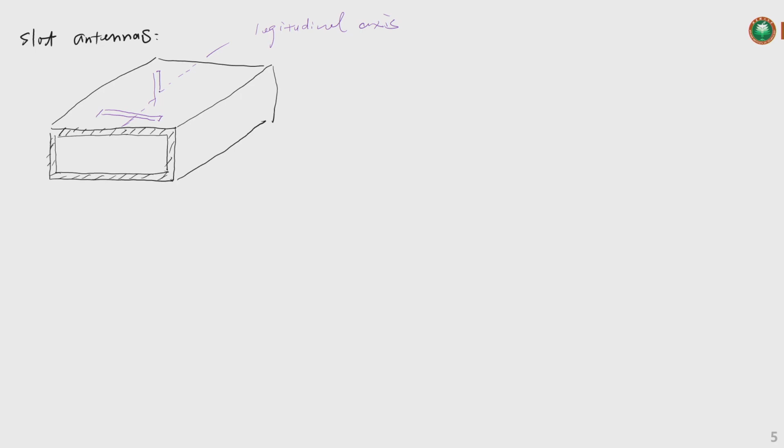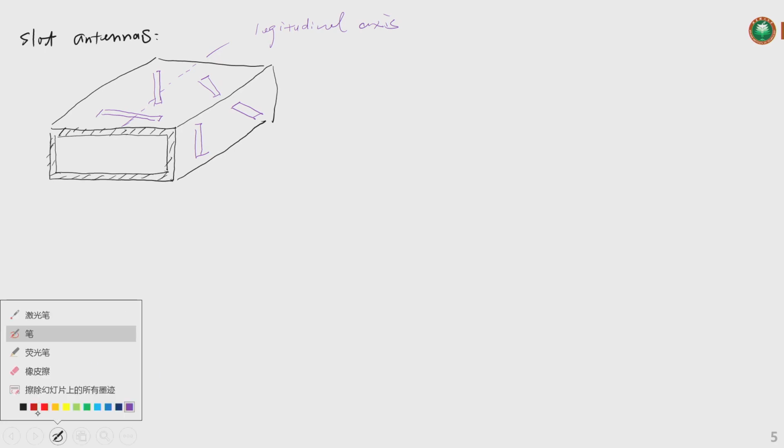Alright, it can be like this one, many kinds of directions. It can be like this, like this also. So it can have several kinds of slots.